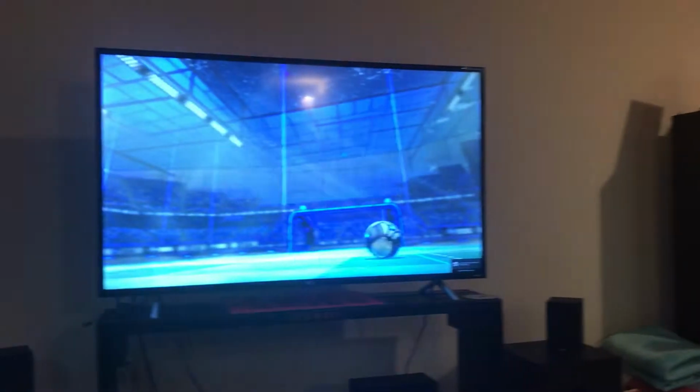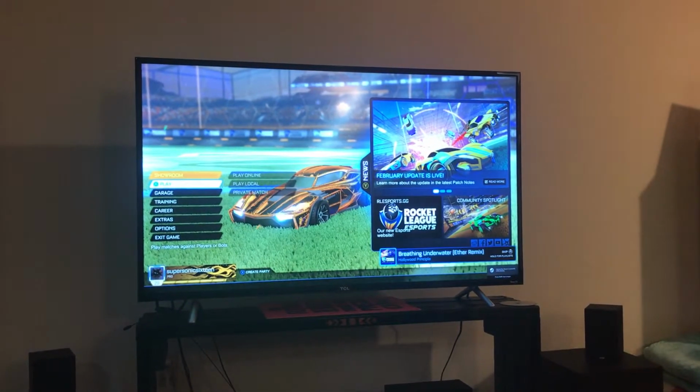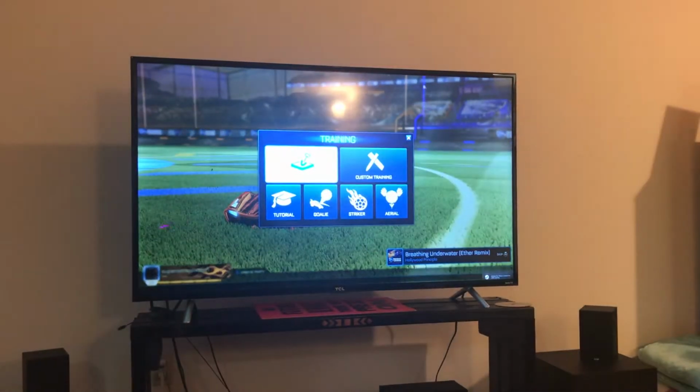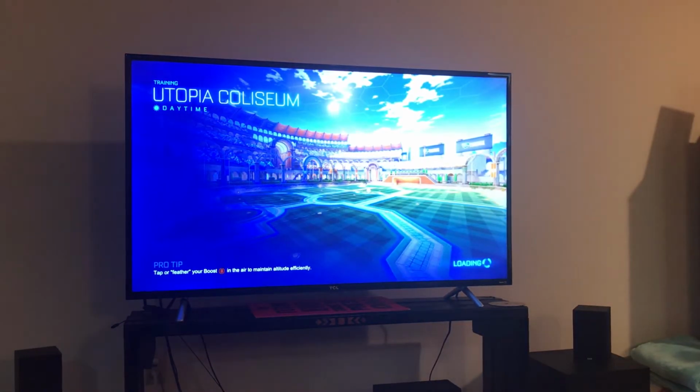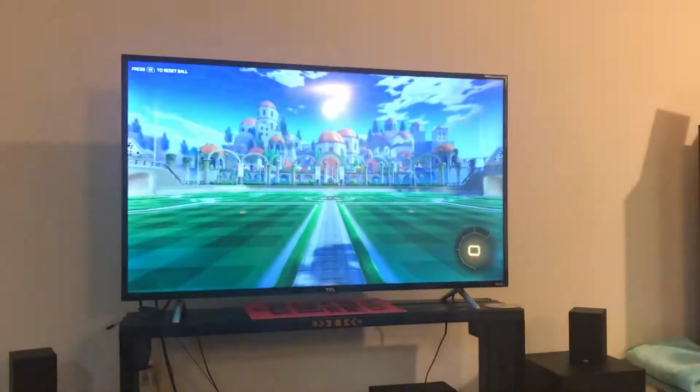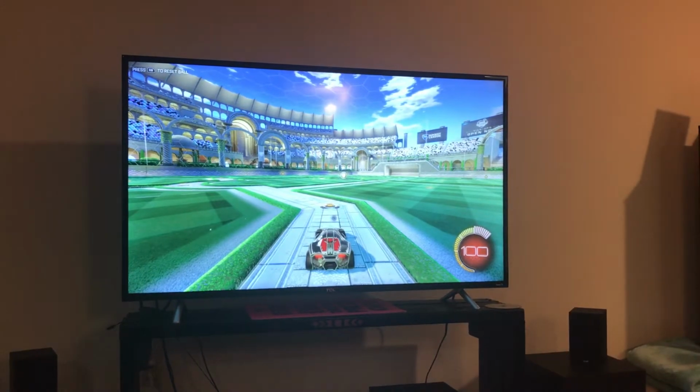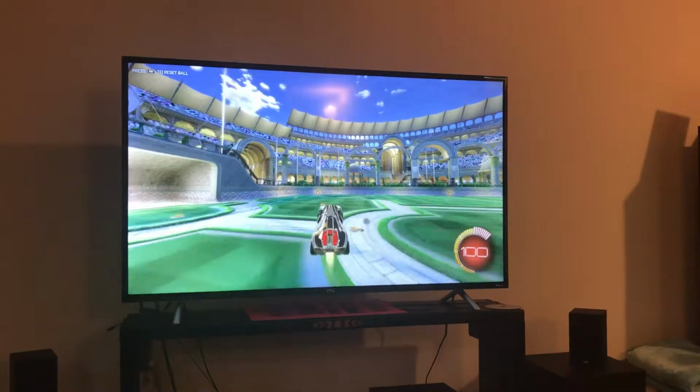So if you look back at the screen, this is Rocket League, and then that high-tech graphics card allows me to play at really high resolution, the maximum resolution, and do so very fast.